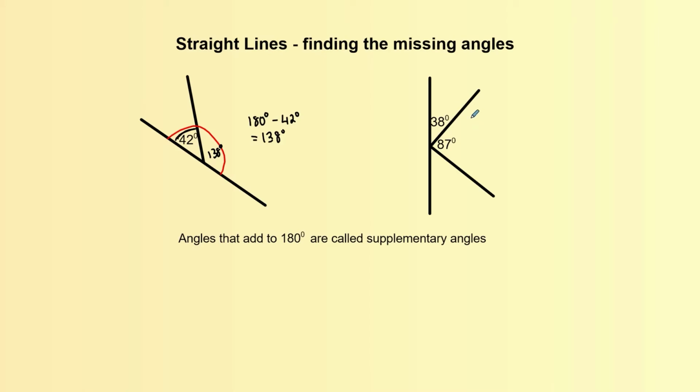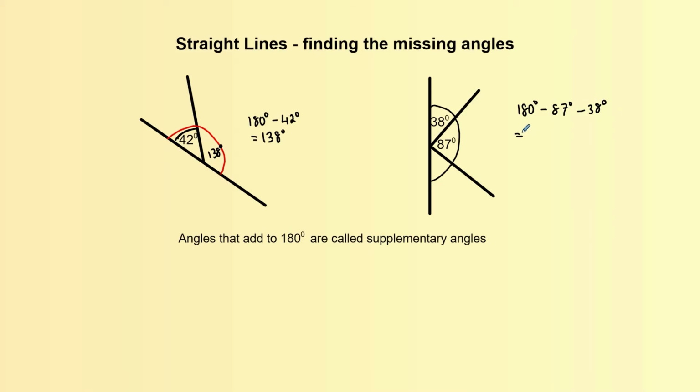This one here, we're doing a very similar idea, but the straight line that we've got along here has been split into three corners. 1, 2, 3. One of them's missing. So we're going to do the exact same type of thing here. To find the missing angle, we've got to do 180 degrees, which is the full straight line angle, minus the 87, minus the 38.